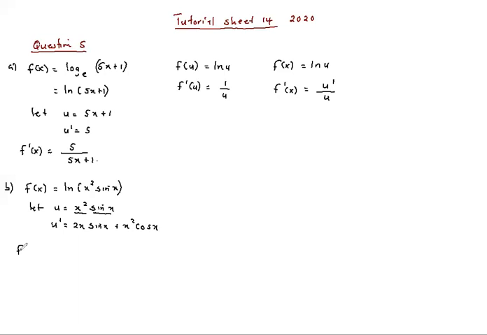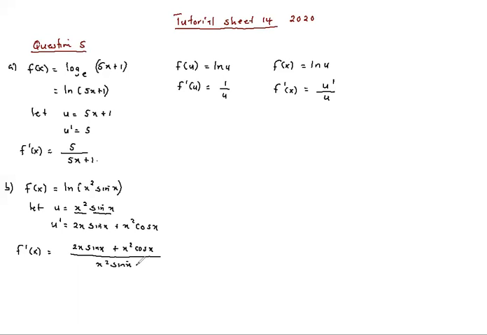Now we go back and find the derivative of f with respect to x, so it will be u prime, which is 2x sine x plus x squared cos x, over the whole u, x squared sine x.